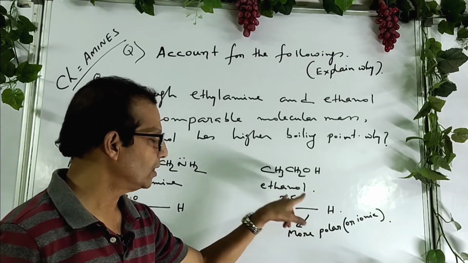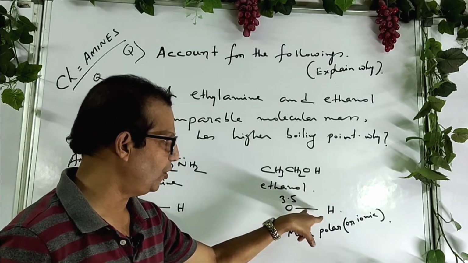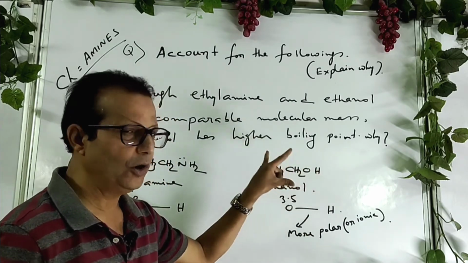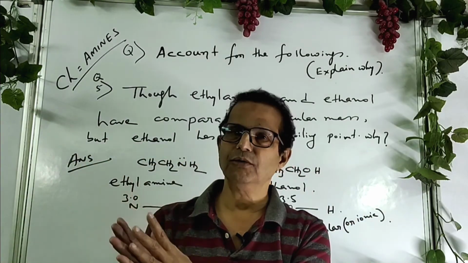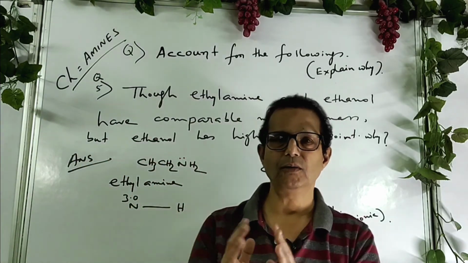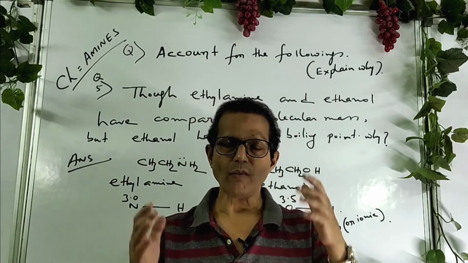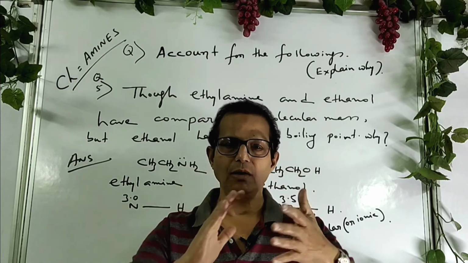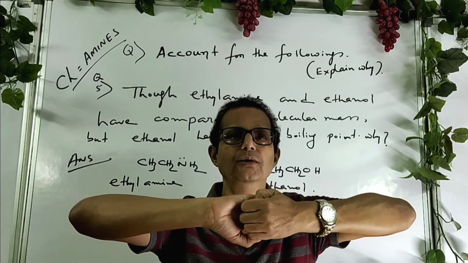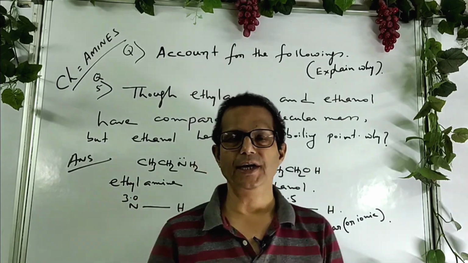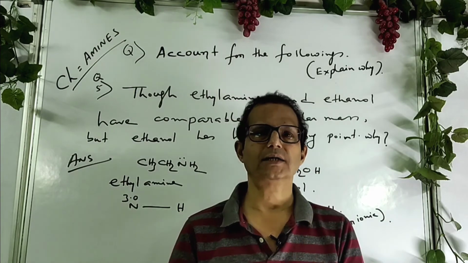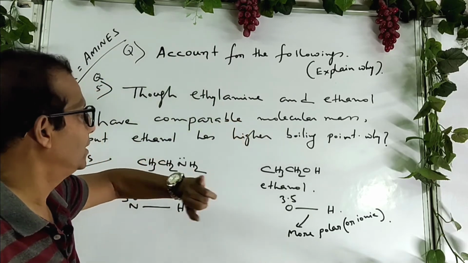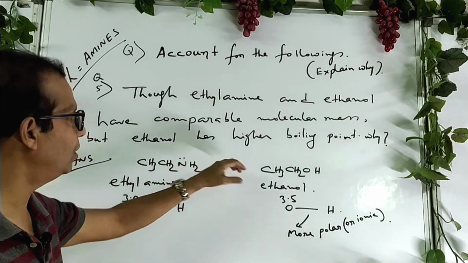That's why the extent of hydrogen bonding in alcohol is more, resulting in more boiling point. Actually, both form intermolecular hydrogen bonding, but the extent of hydrogen bonding in case of ethanol is stronger due to more electronegativity of oxygen. That's why ethanol has higher boiling point than ethylamine.